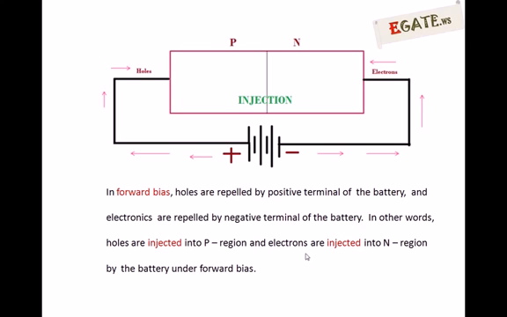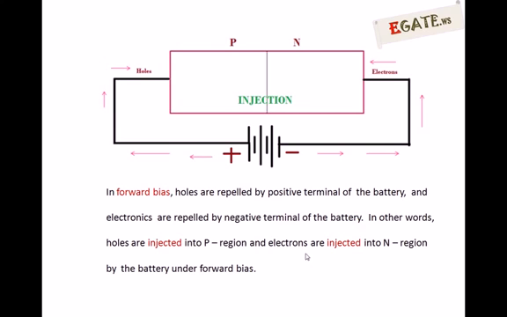Whenever the P side voltage is more than the N side voltage of the diode, then the diode is said to be under forward bias simply. So here we are going with a diagram with a single battery. Under forward bias, holes are repelled by the positive terminal and electrons are repelled by the negative terminal of the battery.